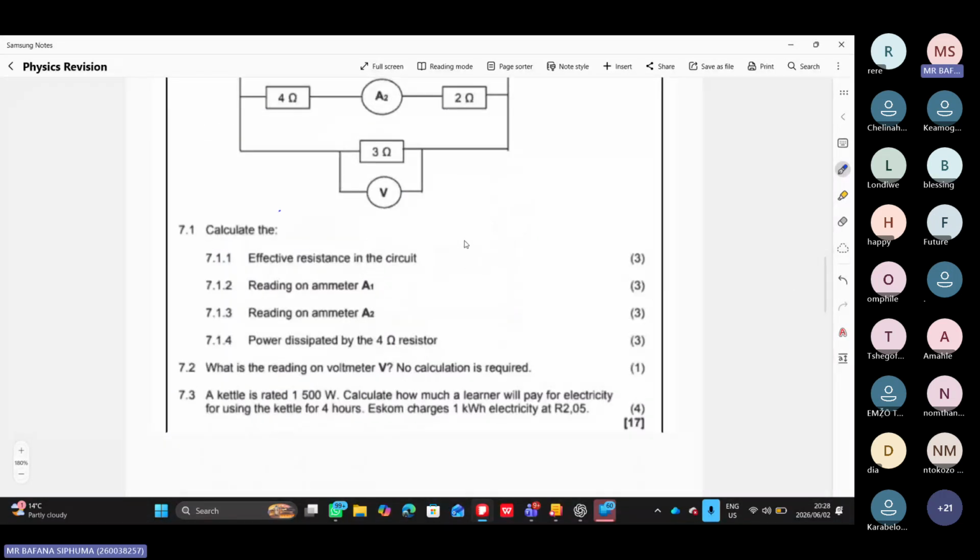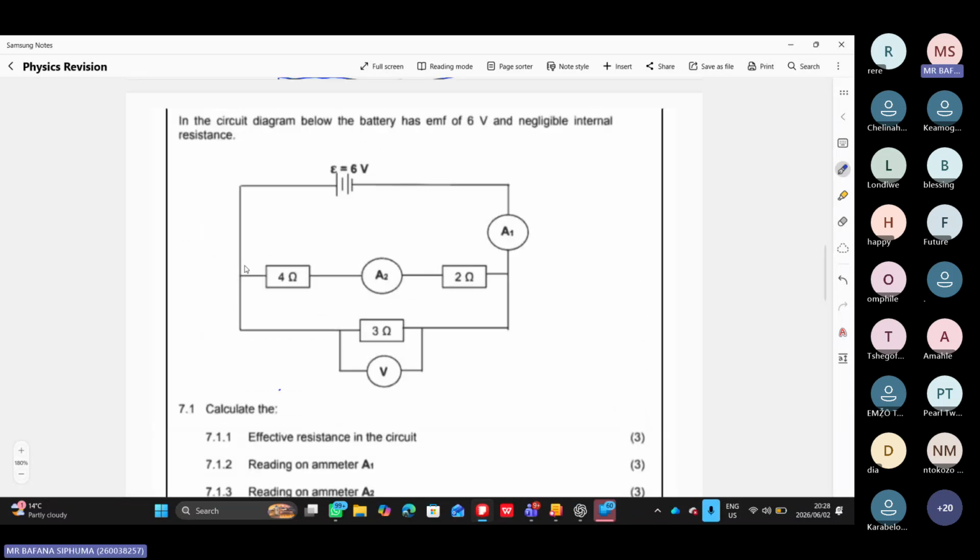Yes, it's 6, obviously, because we don't have the internal resistance, and we don't have any resistance that is connected in series. There is no resistance connected in series, which means that the voltage produced by the battery is shared across the resistances that are in parallel.